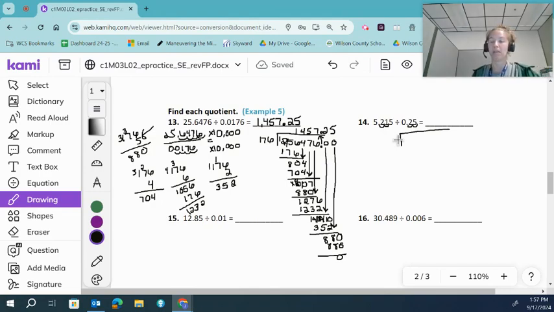I have to multiply both of them by the same number. You can have a decimal on the inside because we add those decimals at the end anyway. So 5.215 becomes 521.5, and this becomes 25.